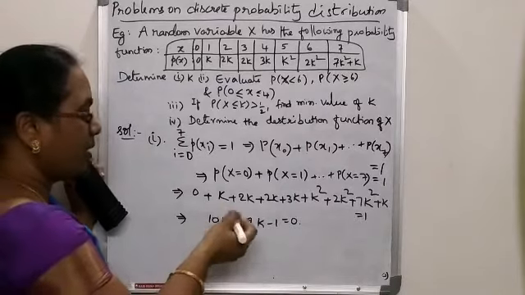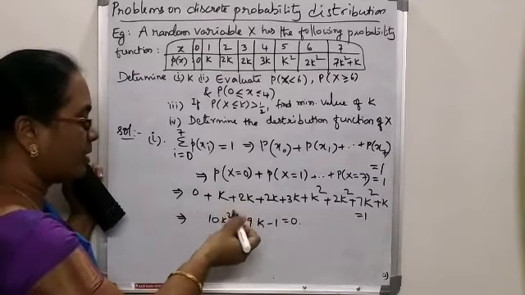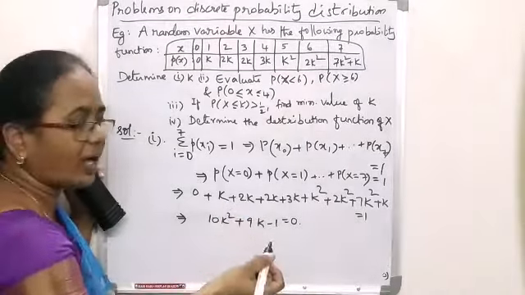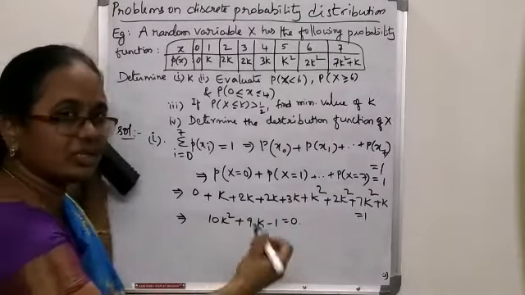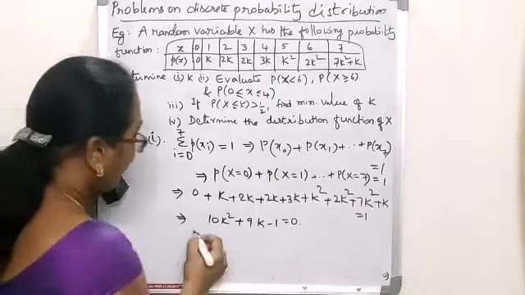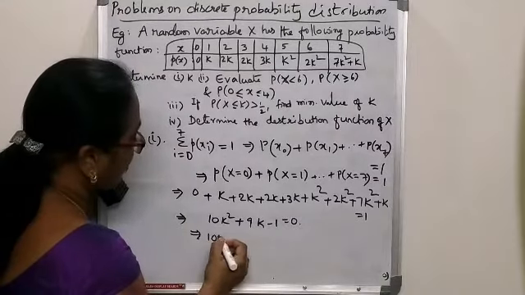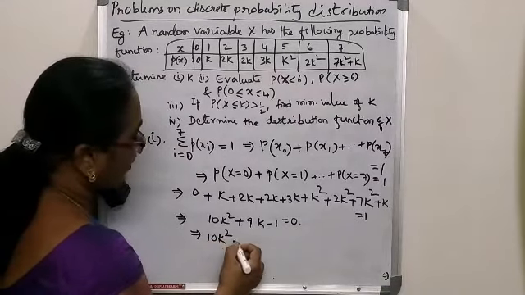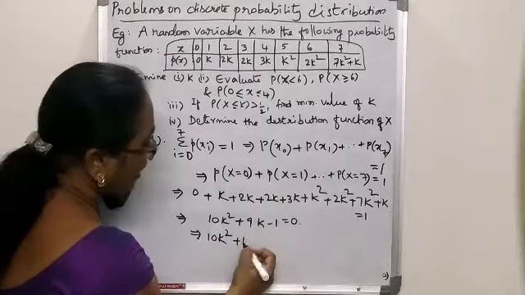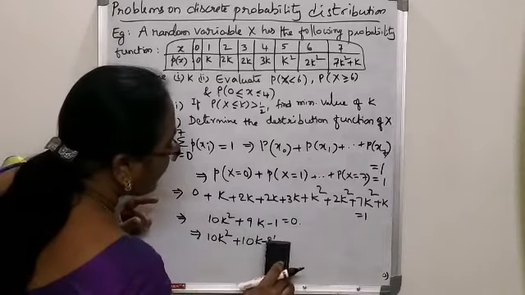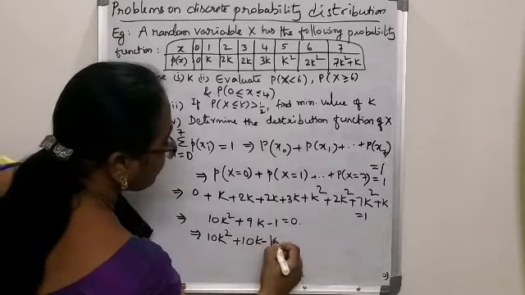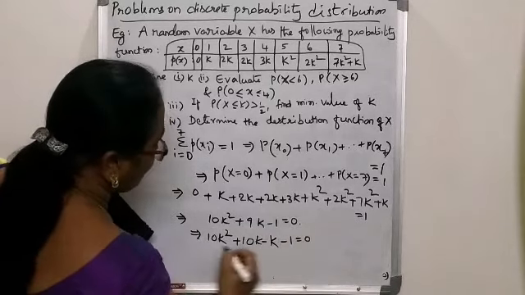From this, either we can use the quadratic formula to get the value of k, or it can be factorized to know the value of k. Let us try the factorization method. We can write this as 10k square plus the 9k can be written as 10k minus k, minus 1 equal to 0.